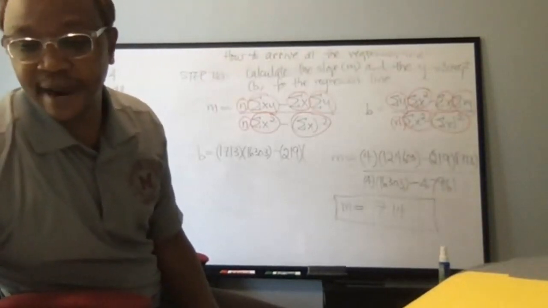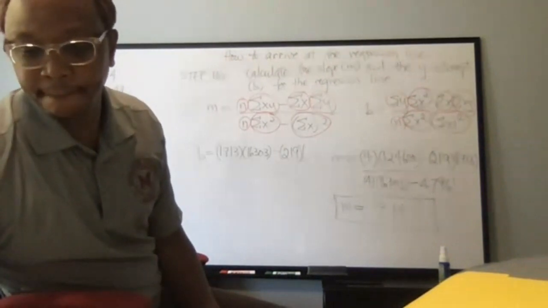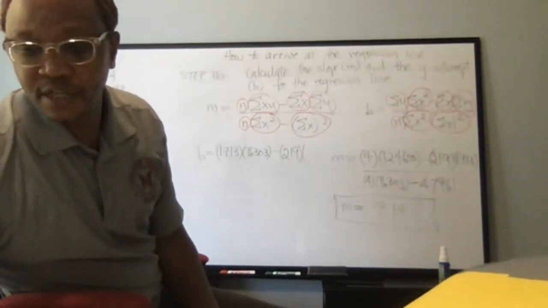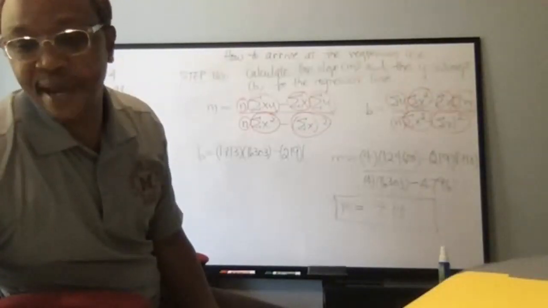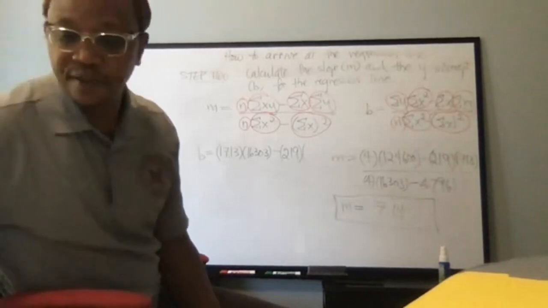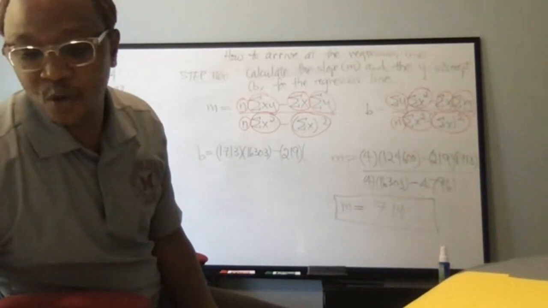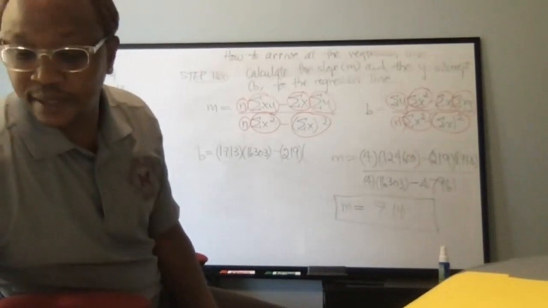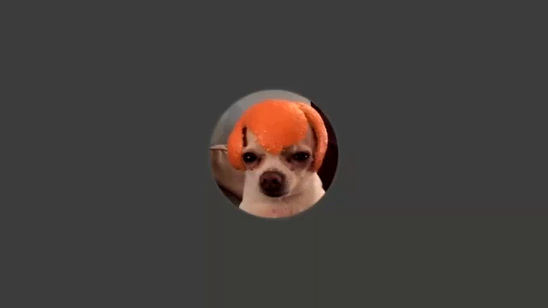So their b is our m, and their a is our b. Their equation is y equals a plus bx, but just imagine ours says y equals b plus mx. So the first equation at the top, use that for your y-intercept, and the one in the middle, use that for your slope. Okay, thank you. No problem.